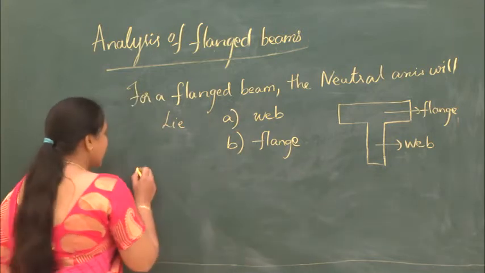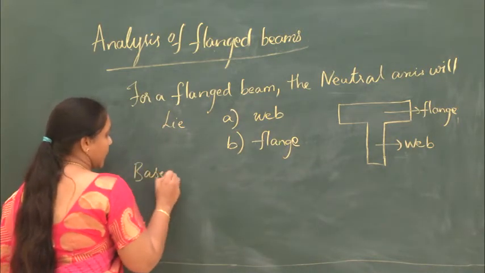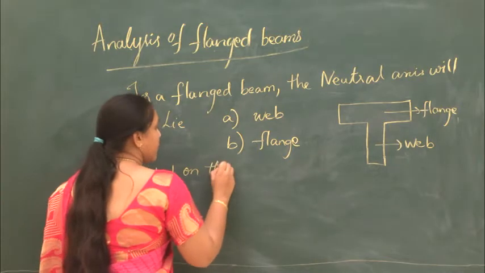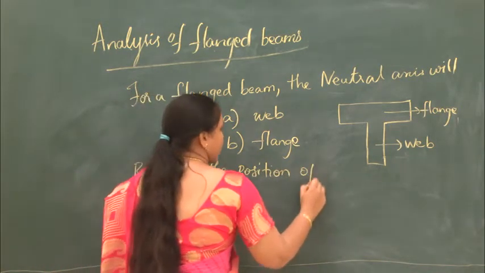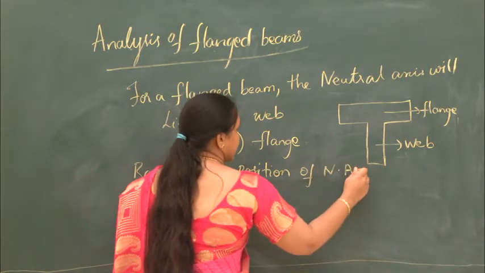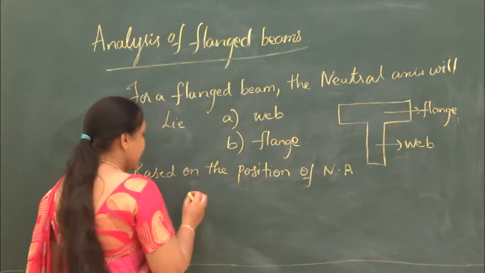So based on the position of the neutral axis, how many cases do we have?